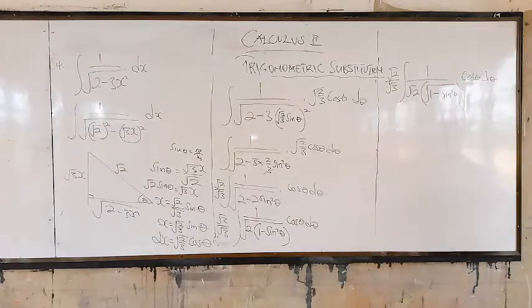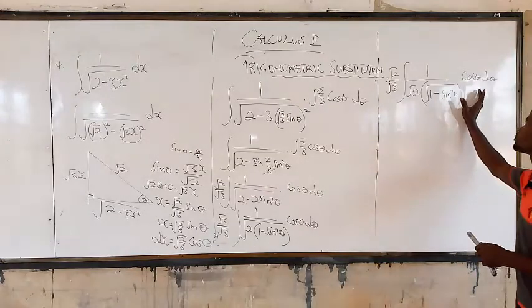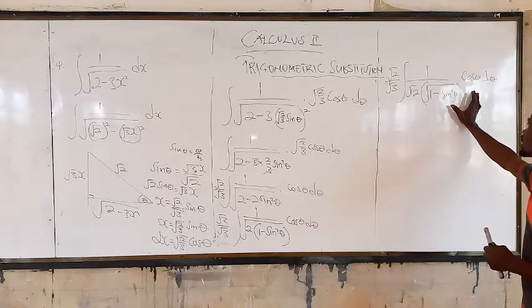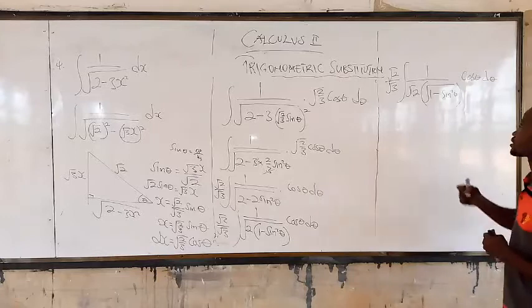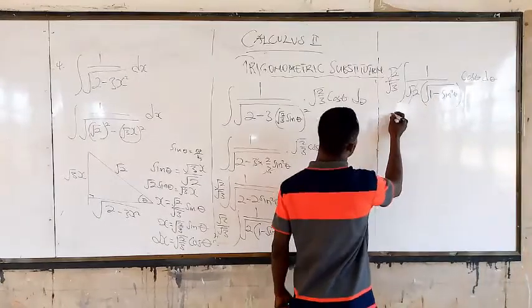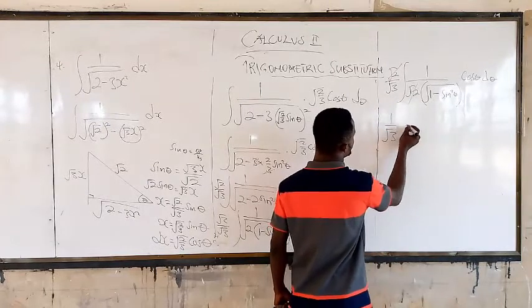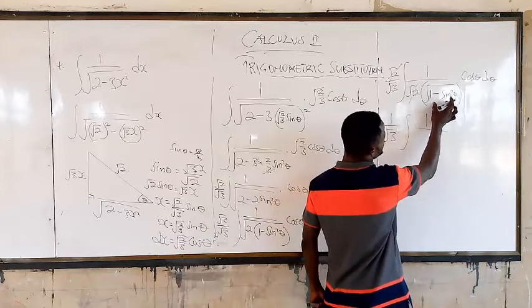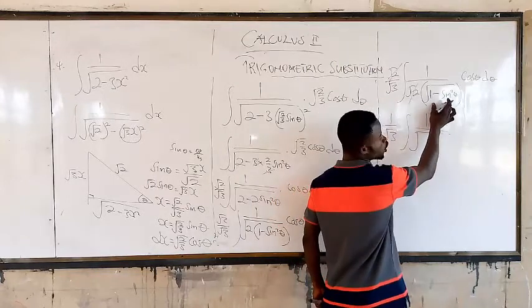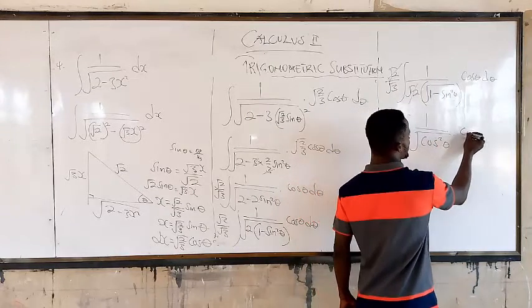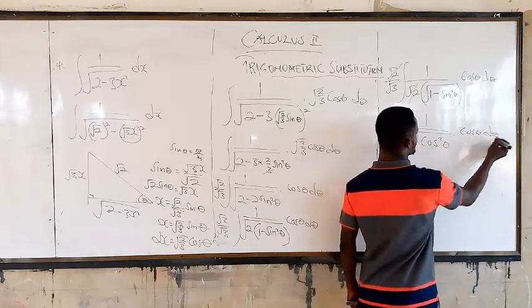Very good. So now with what we have here, you can clearly see that this will take away this. So you get 1/square root of 3 integral of 1/, and the inside here that we see is cos squared. So here is cos squared theta, and here is cos theta d theta.